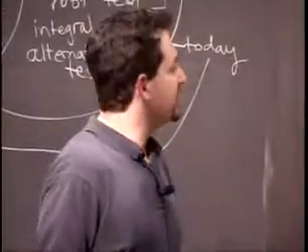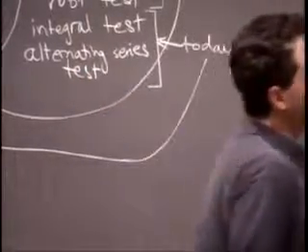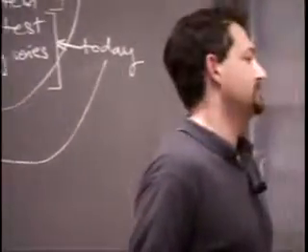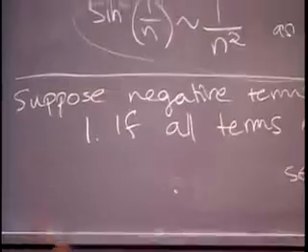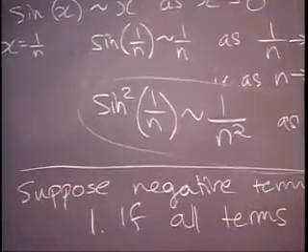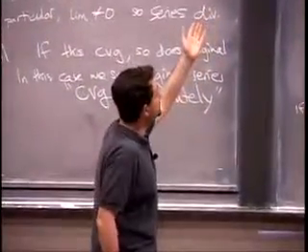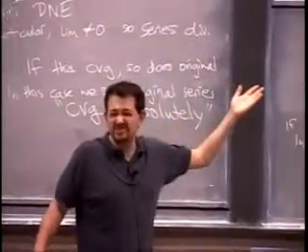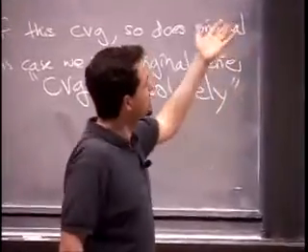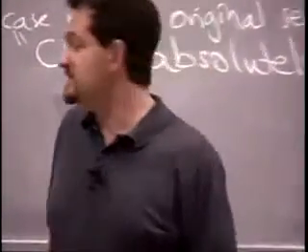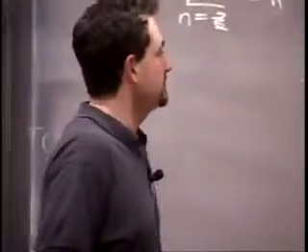Okay? So, in fact, any series that we wrote down that's all positive terms, such as that one up there, sine squared of 1 over n, certainly all the terms are positive. Well, that converges, as we saw, so it also converges absolutely. It's not very interesting because all the terms are positive. Where it's interesting is where some of the terms are negative and some of the terms are positive.